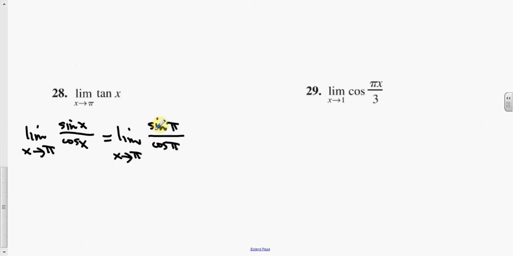Well, sine pi is 0 and cosine pi is negative 1. So here we have the limit as x approaches pi of 0 over negative 1, and we just get 0.